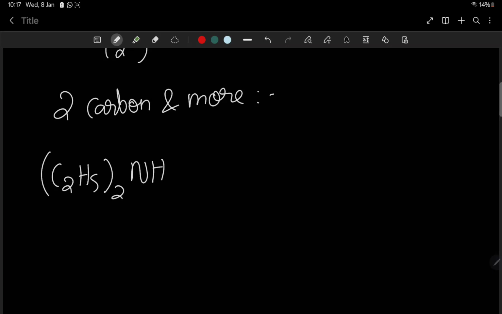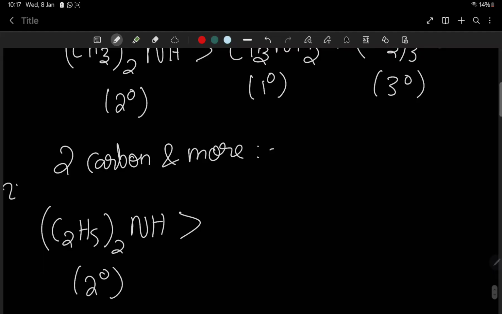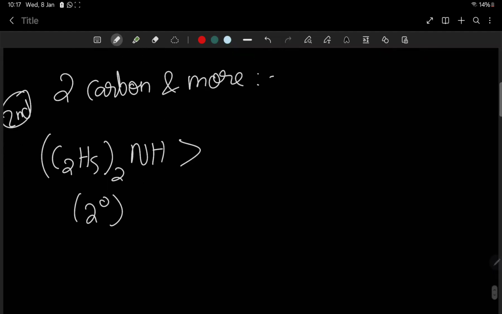In aqueous phase, secondary is first rank holder. In first standard, first rank holder is always secondary. Second rank holder was primary and third rank holder was tertiary. In second standard and above and all other classes, secondary is always the first rank holder.